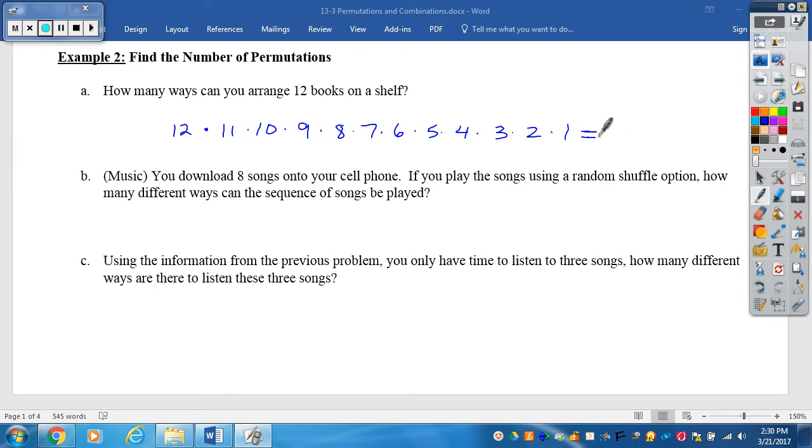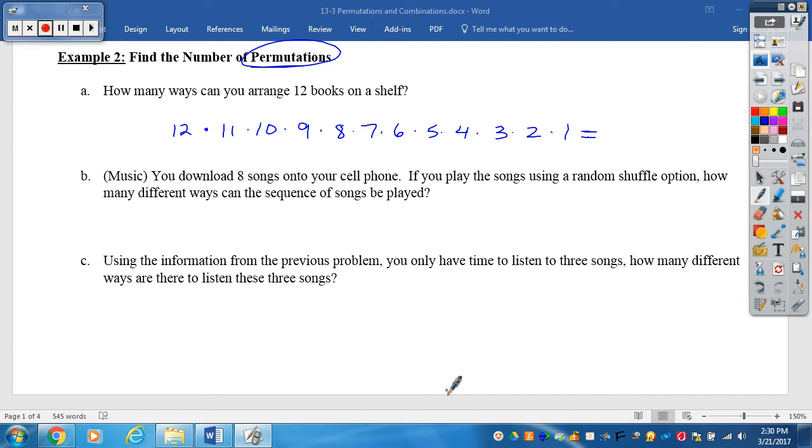And so what's important to understand about permutations is that the order does matter, okay? The order matters. And so the order in which I pick up that first book cannot be used again. And that's why the order matters. If I pick up the second book, I can't use that one again either. So order matters.